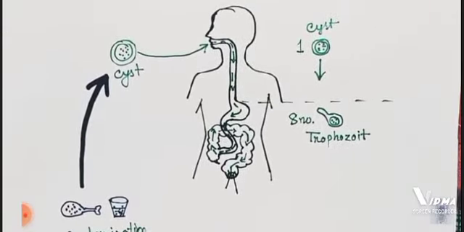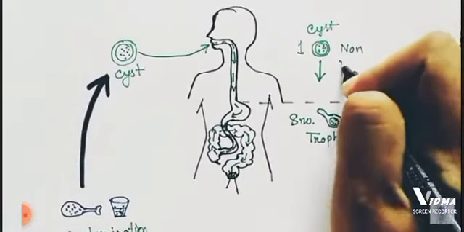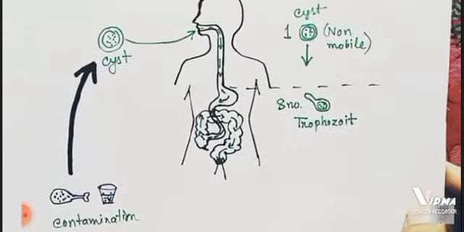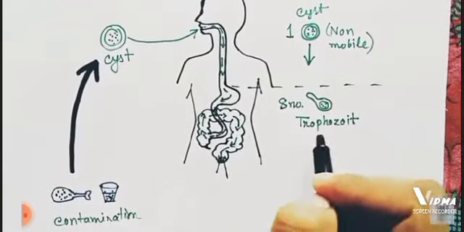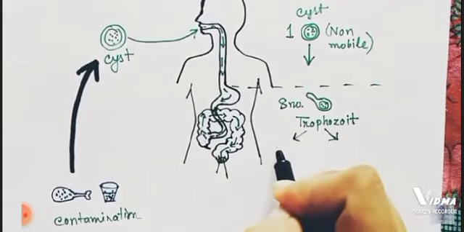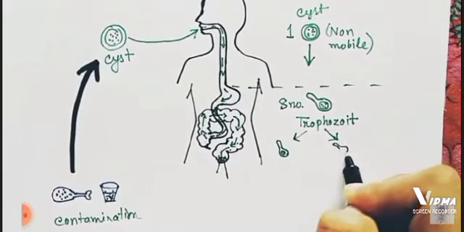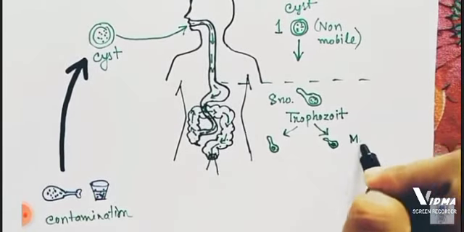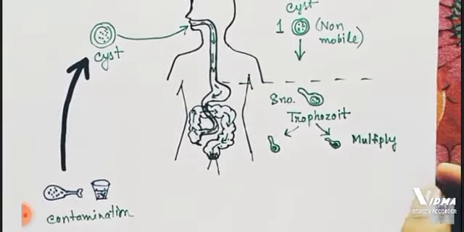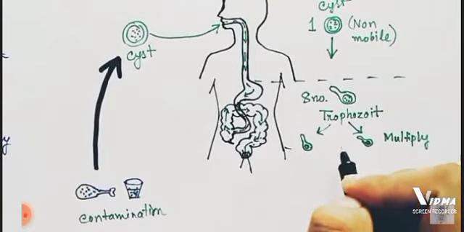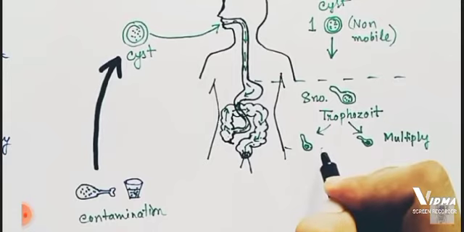Now, when the trophozoite reaches the intestine, it starts multiplying. It multiplies in our colon. The trophozoite multiplies by binary fission. It forms lots of trophozoites in the colon, and simultaneously it forms cysts, that is the non-mobile form.